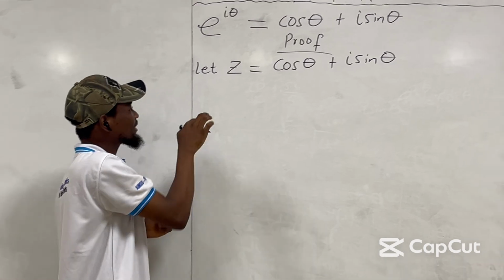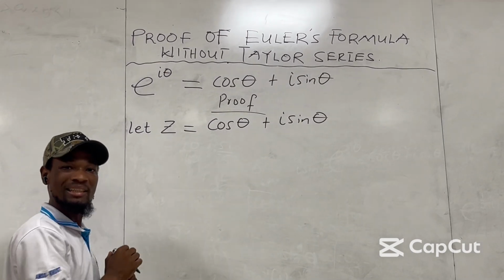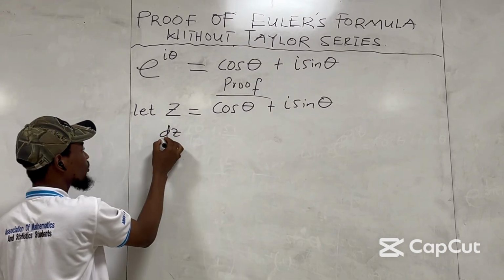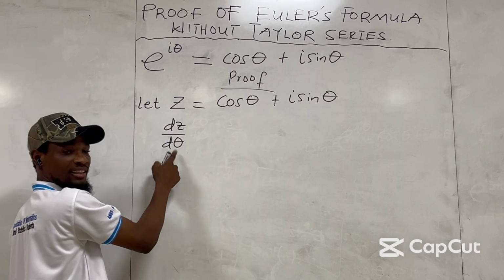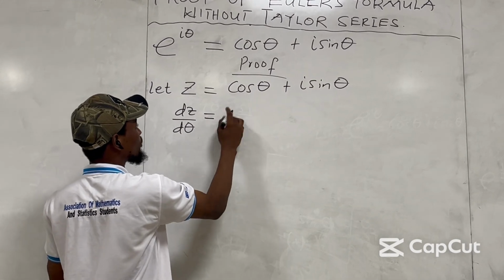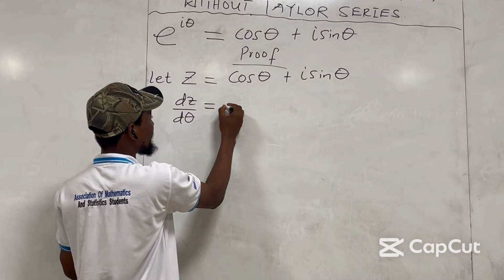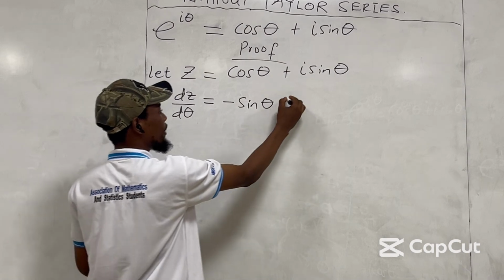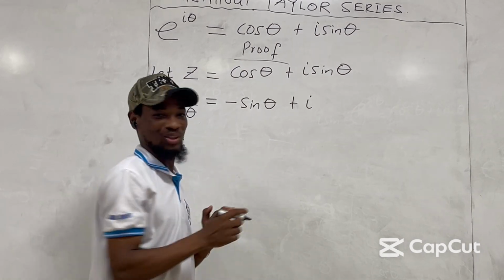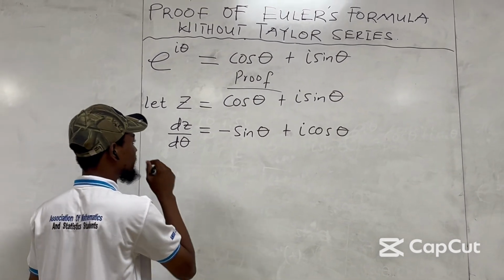Now let's take the derivative of this function with respect to theta. So dz over dθ is equal to, you differentiate the whole of this. When you differentiate cos θ, you get negative sin θ, plus i, and when you differentiate sin θ, you get cos θ.